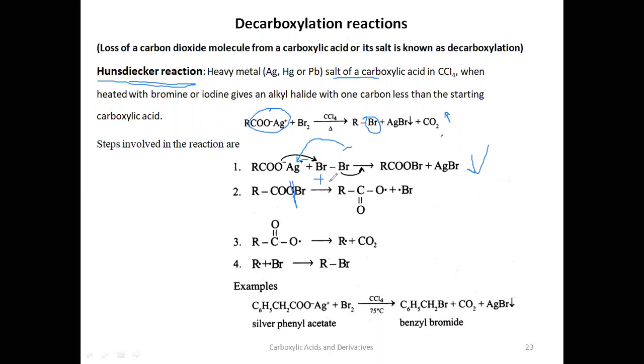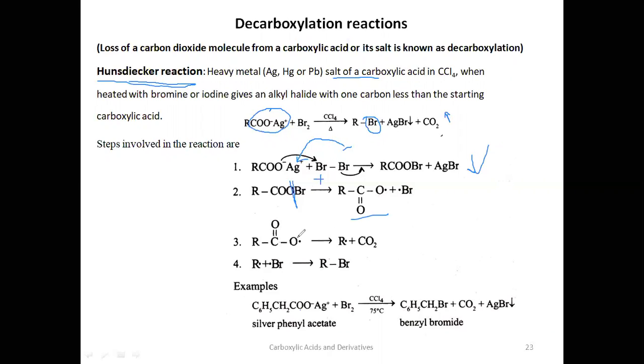Otherwise we would see polarization, plus and minus, which is not possible here. It is a homolytic fission, so both get one electron each, forming radicals.